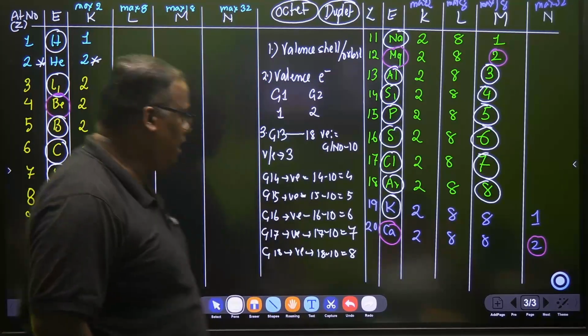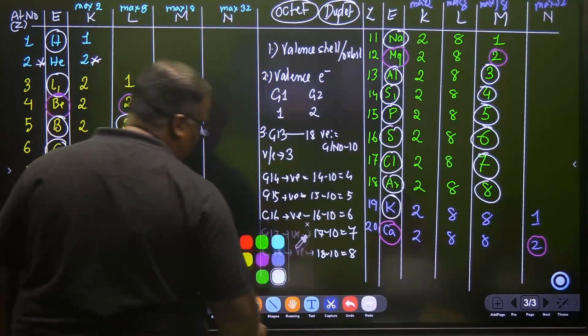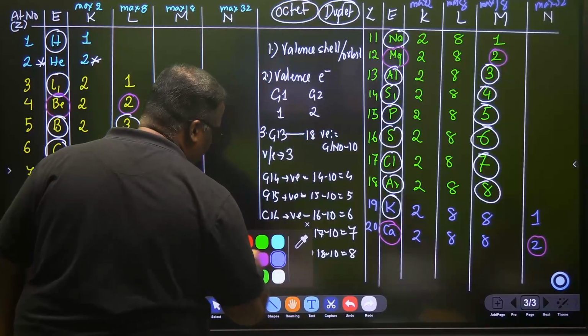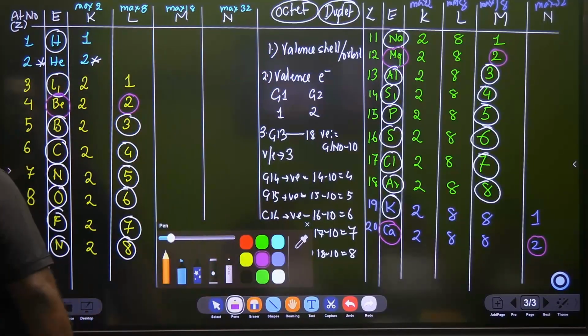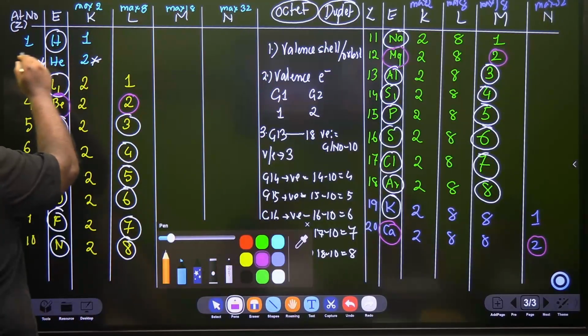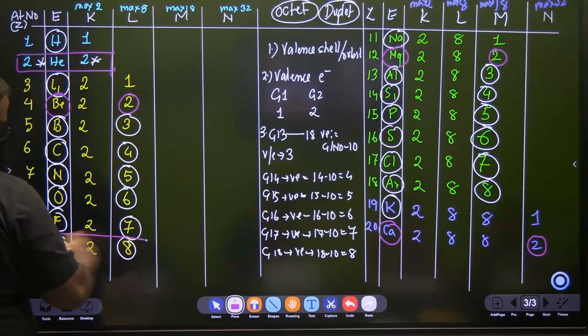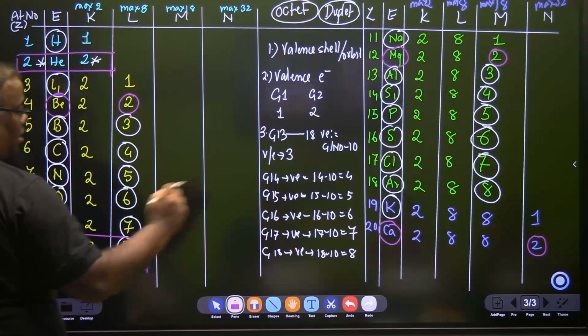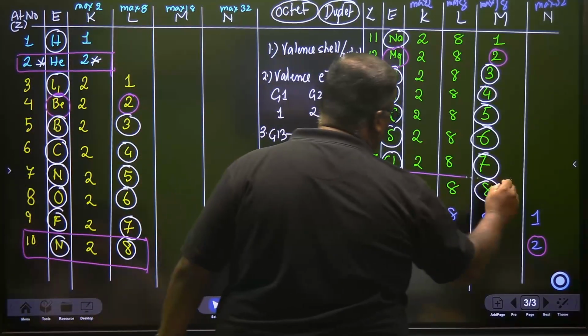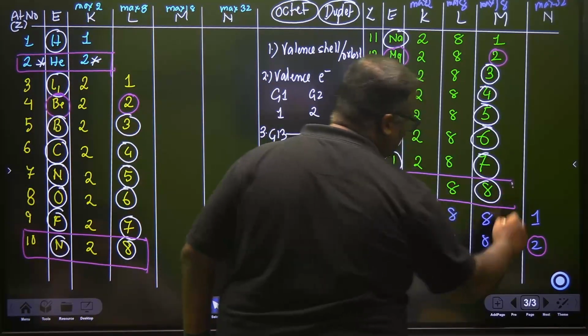Now I'm going to make another color criteria here, and I'm going to look at my inert gases with this purple color. This is an inert gas. Do you agree? This is an inert gas, and this is also an inert gas. Do you see some speciality?